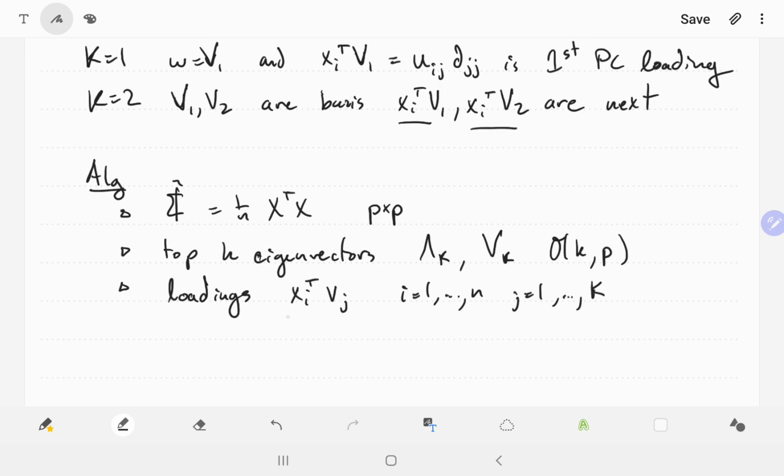And then the matrix multiply is pretty cheap, because that just takes order n time for each of these, so it's order k times n. So the only thing that scaled computationally with n was computing these loadings. And now you have a low-dimensional representation of your data, which are these loadings.